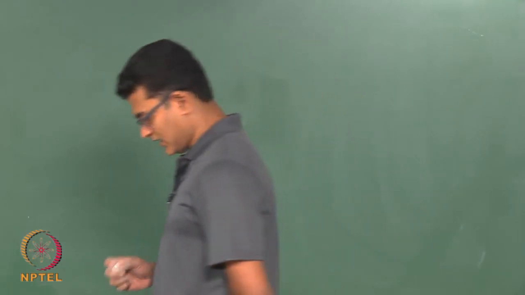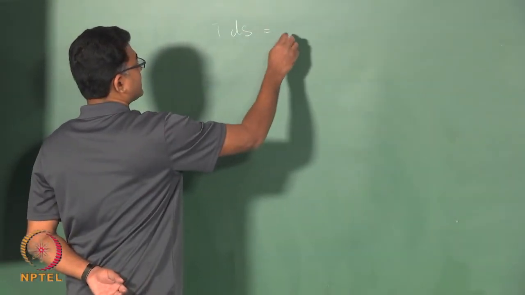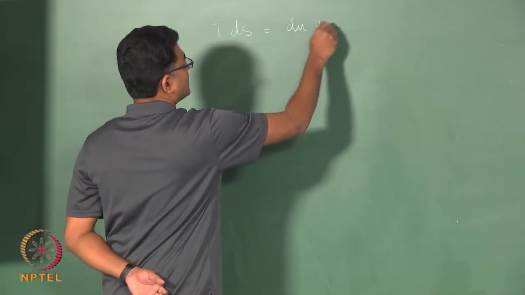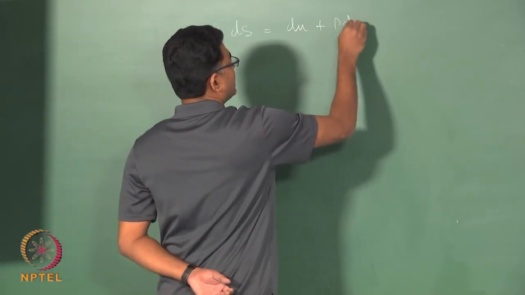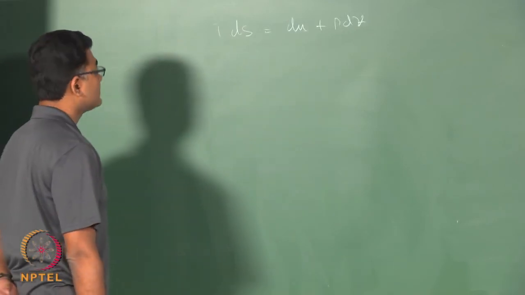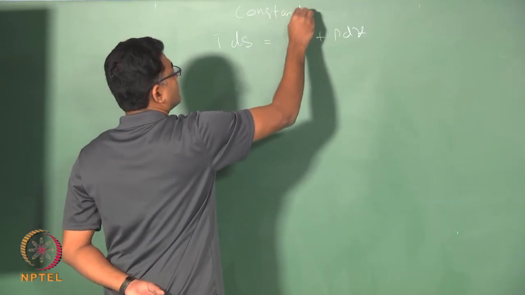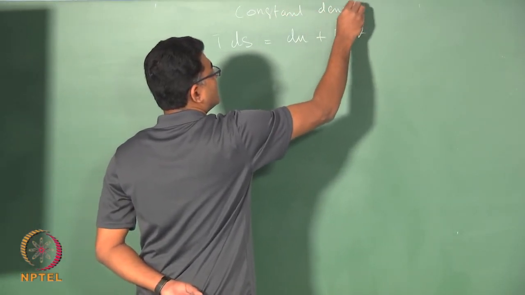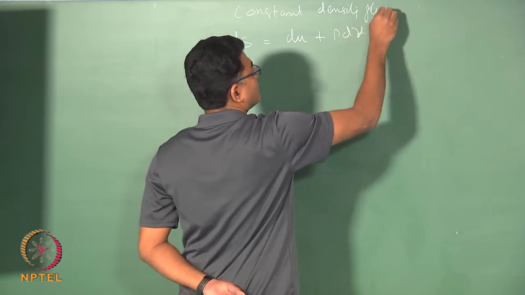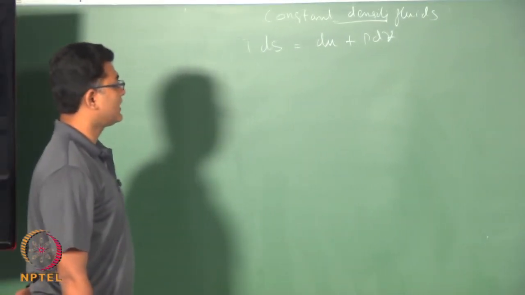So, we start with the Gibbs relation, TdS equals du plus Pdv. Constant density fluids, so that is the topic of this short lecture.